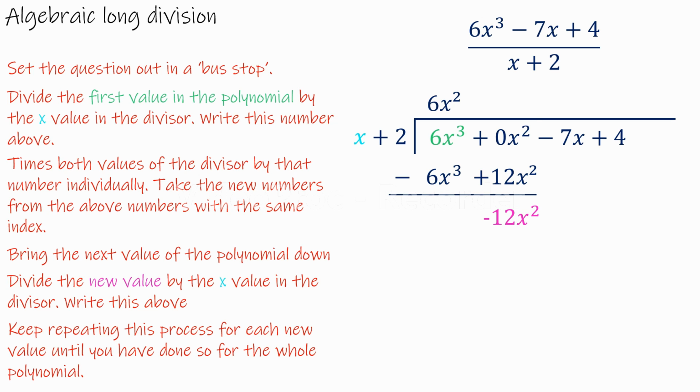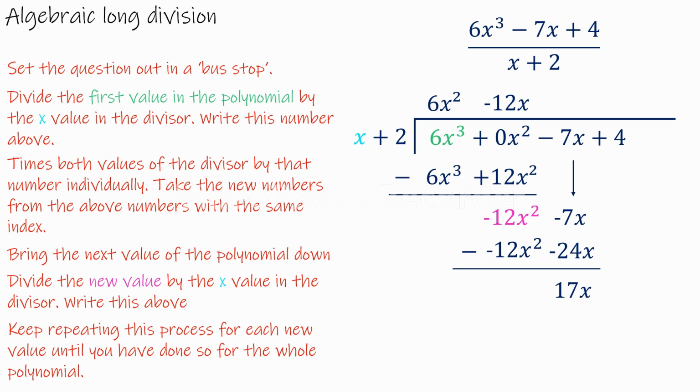Minus 12x squared divided by x is going to give us a value of minus 12x, and we've also brought our minus 7x down, and now we can take from below again, so we're going to have minus 12x times x being minus 12x squared, and minus 12x times 2 being minus 24x, and we place those below their respective columns.